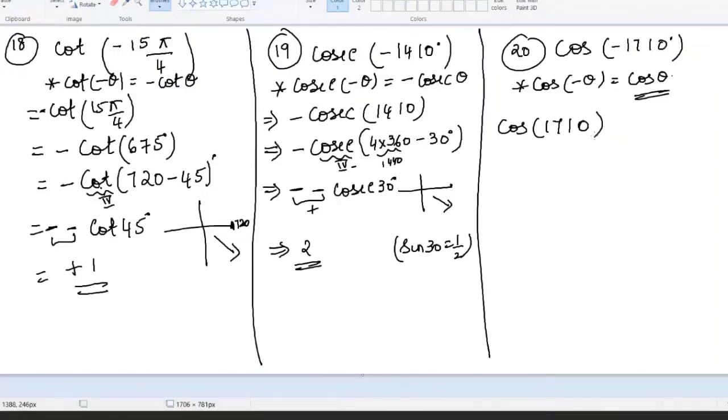Okay, so 1710. How many times are we going to get here? So how can we write this? Cos of, how many times 360 can we write? 1440 plus how much? 360 into 5. 360 into 5 is 1800.